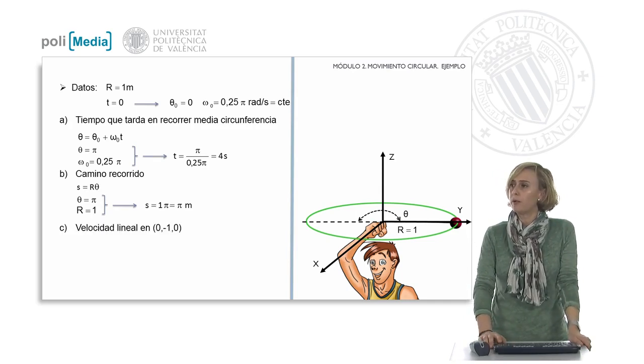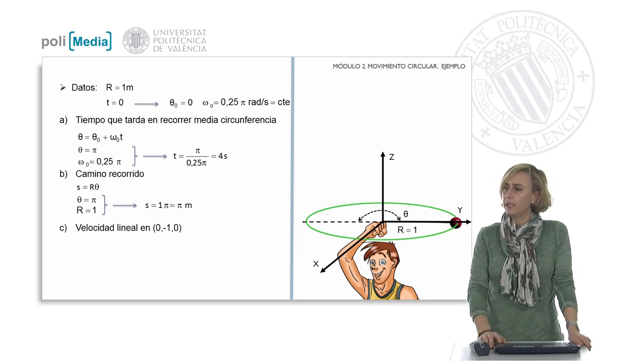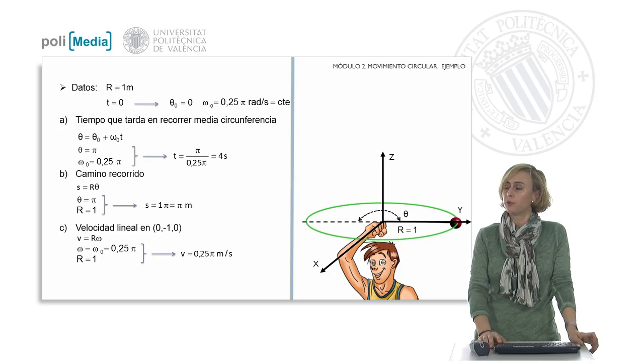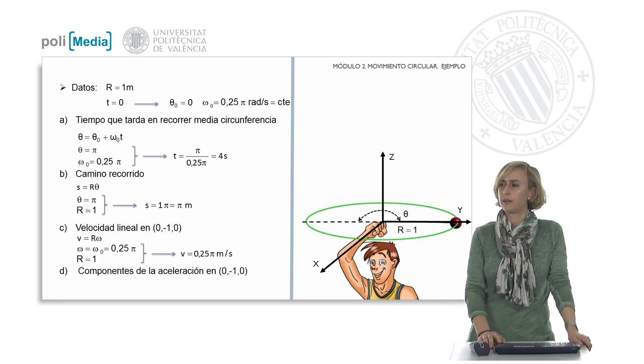Let us now calculate the linear velocity from the relationship between v and omega. Substituting values, we obtain that the velocity is 0.25 pi meters per second. This is the magnitude of the velocity, because the velocity as a vector will be changing at each point. The magnitude is constant, so it is a circular and uniform motion. Let us now find the components of the acceleration.